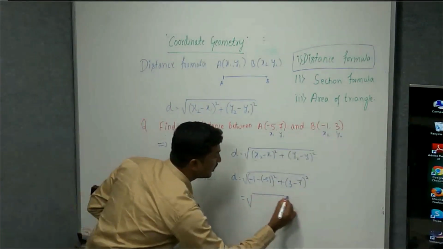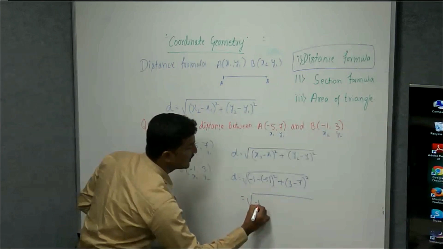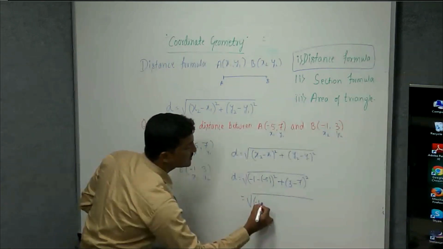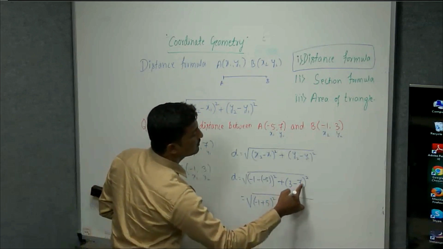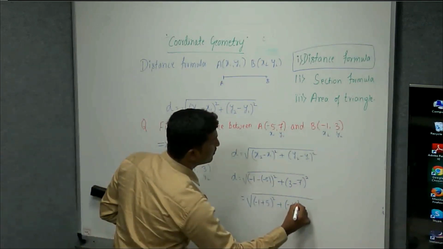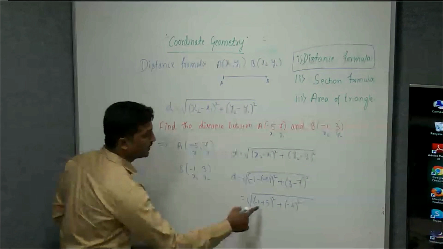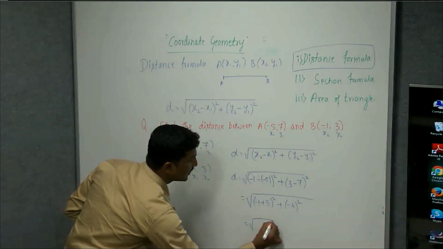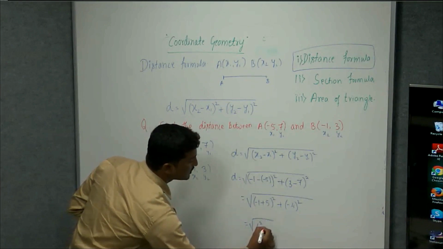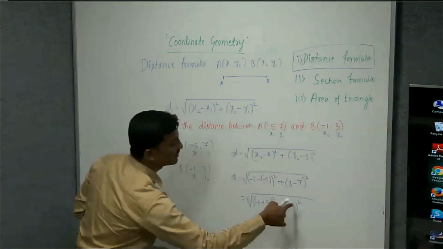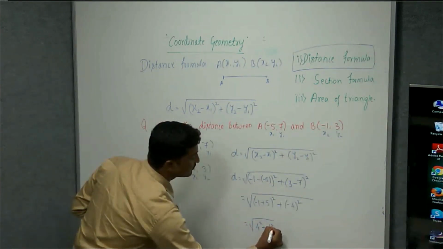Square root of minus 1, minus into minus will become plus 5 whole square. Plus 3 minus 7, you are going to get minus 4 square. So here we have minus 1 plus 5, 4 square, plus square of a negative number is again positive, this is 4 square.